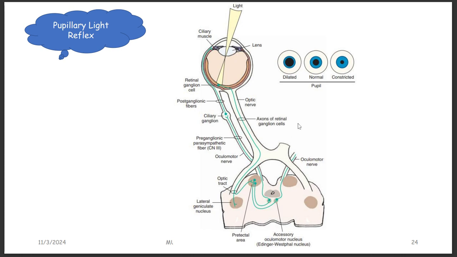Because you had fibers coming from the other eye and also fibers from the ipsilateral eye, this makes possible the direct and consensual pupillary light reflex. So if you shine light in one eye, there can also be dilatation of the other eye.